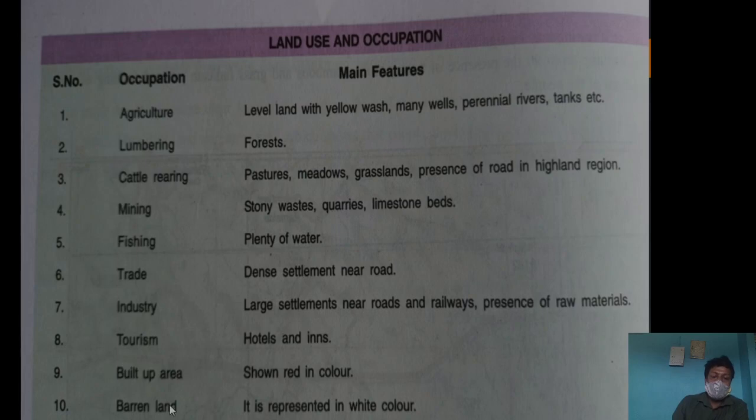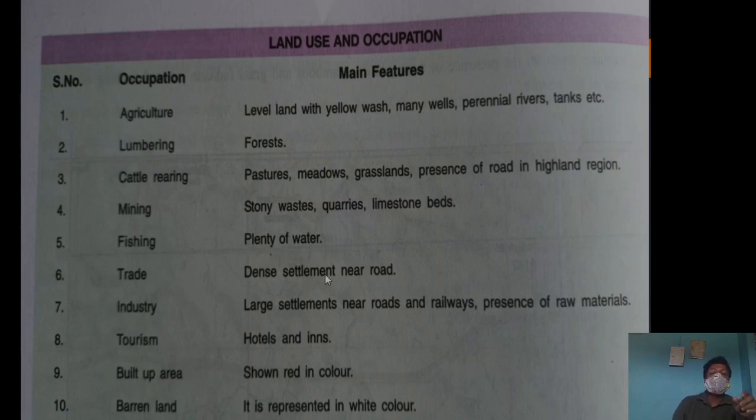Now, barren land is represented as white in color, that is deserted area. Built up area is shown in red color. Any settlement area is shown in the red color. Tourism, hotels are written like that. And the industry, large settlement near roads, railways, presence of the raw materials.